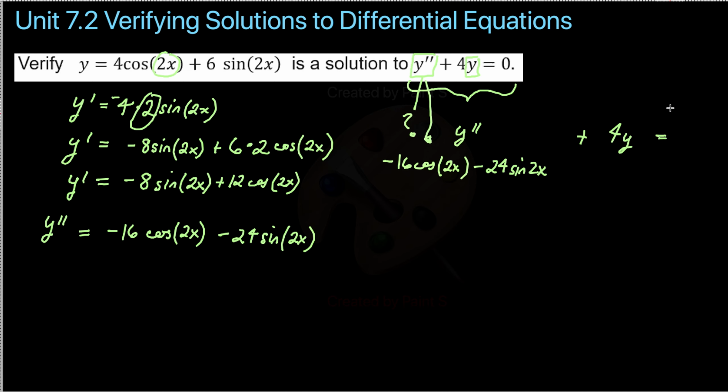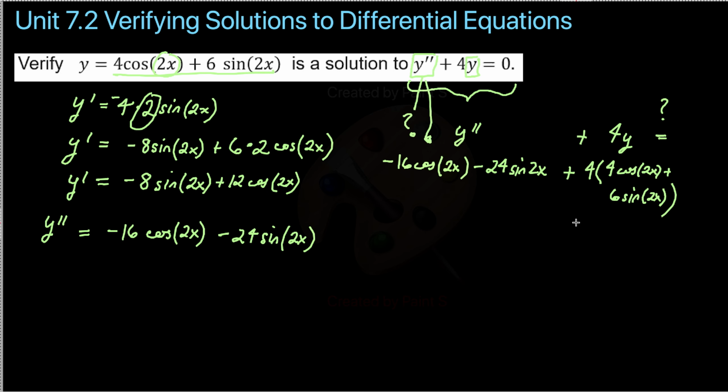And I want to check to see what it's equal to. If it's a solution to this equation, then it should be 0. Plus 4 times y. Y is 4 cosine 2x plus 6 sine 2x.